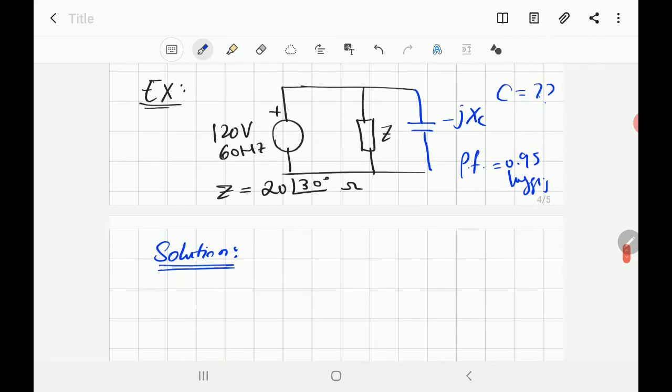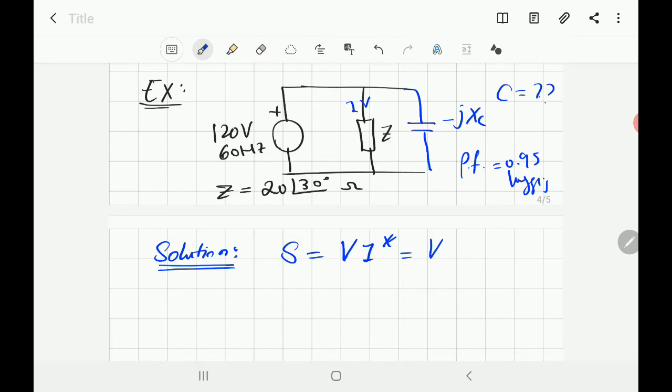Well, first of all, you should find the power and reactive power in the circuit before you connect the capacitor. Again, use this magic rule: S is equal to V I conjugate for the load. Of course, now we're not connecting the capacitor.